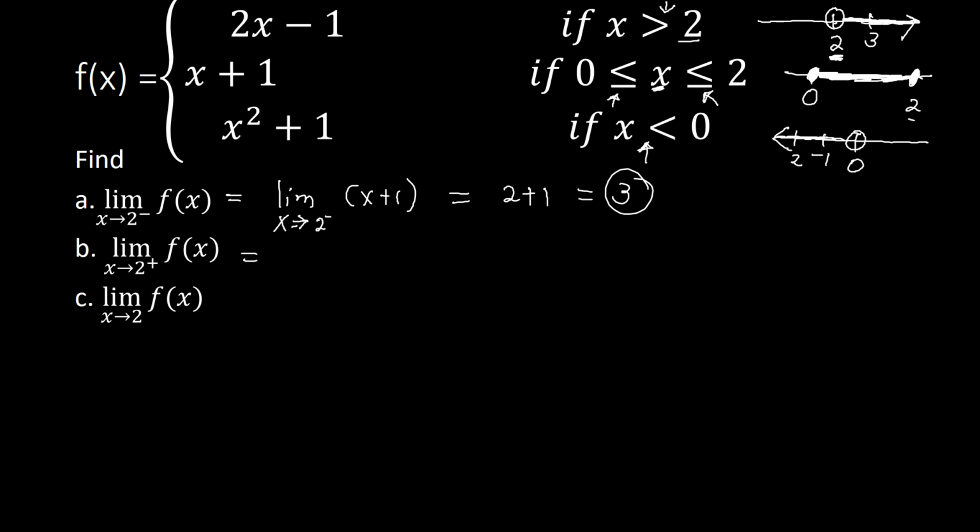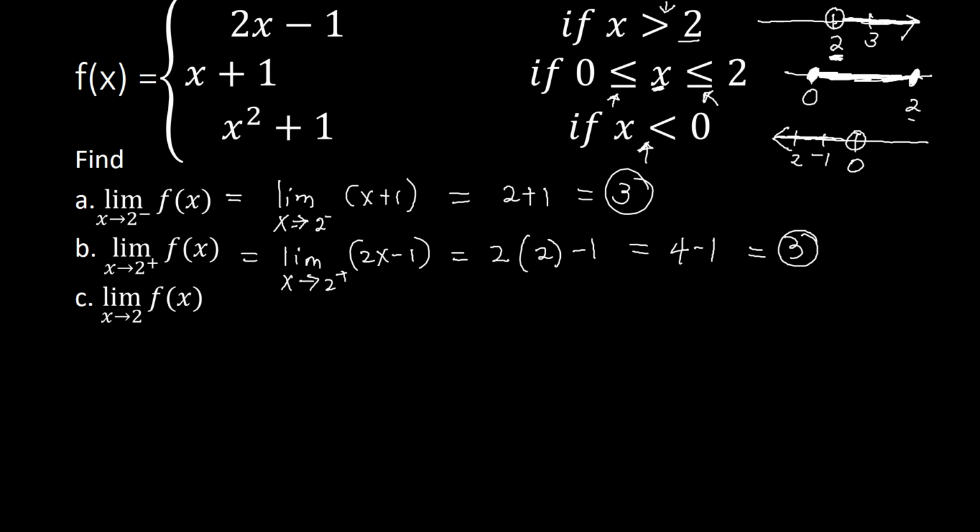This is now equal to the limit of 2x minus 1 as x approaches 2 from the right side. So this is 2 times 2, that's 4, minus 1, which is equal to 3.